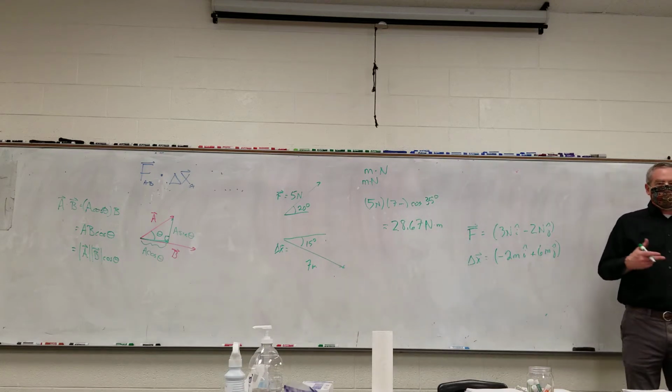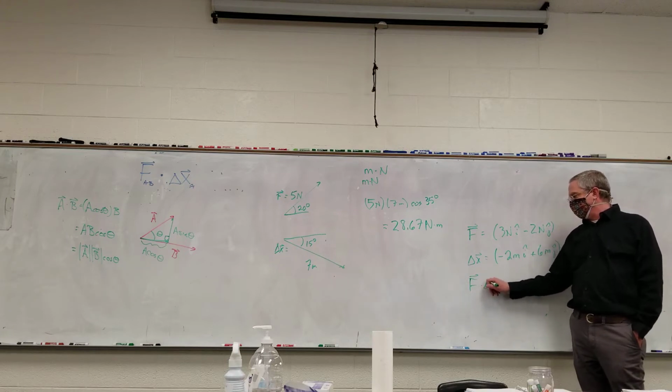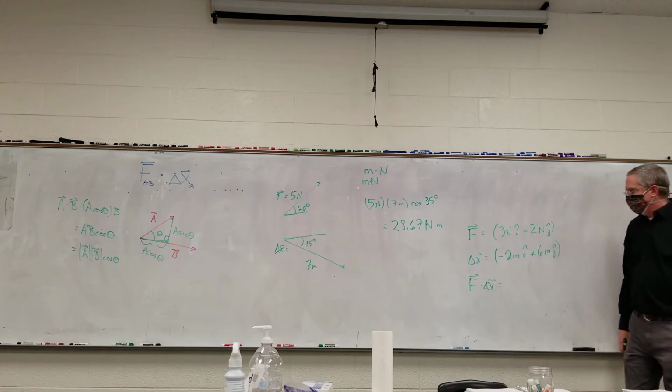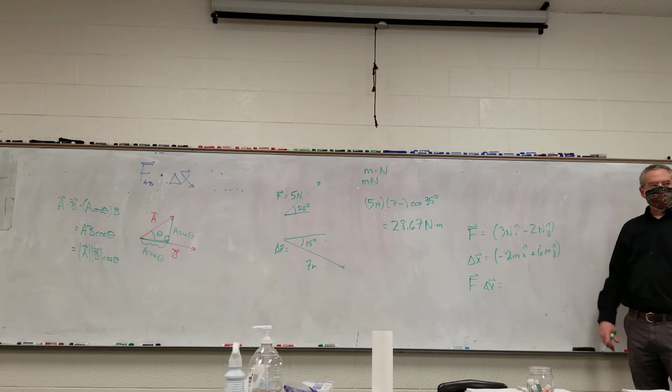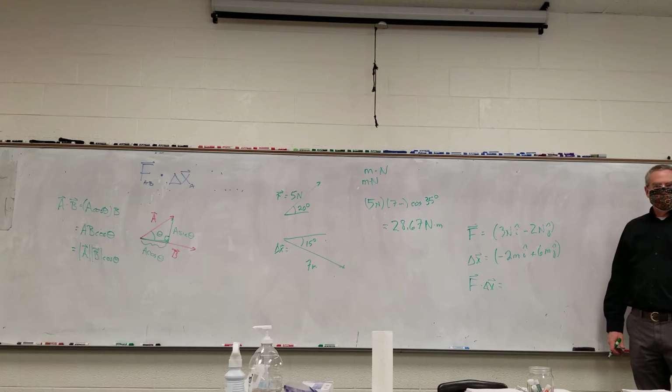Well, it multiplies the parallel parts. So if I do F dot delta x, I multiply the i components together: 3 newtons times negative 2 meters, which is, and I feel confident you can do it without a calculator.